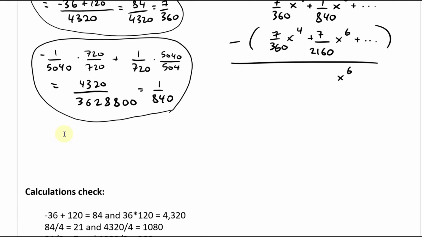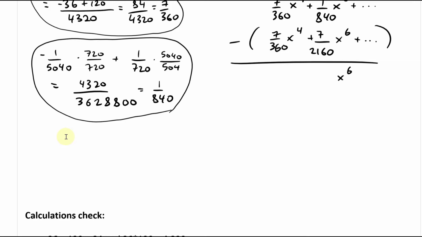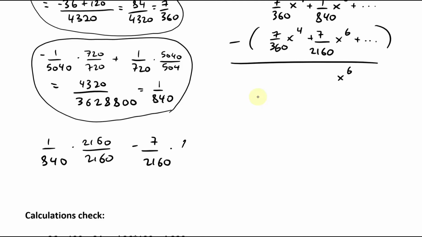We have 1 over 840, minus 7 over 2160, so multiply top and bottom: 2160 over 2160, and then minus 7 over 2160 times 840 over 840 to get the same common denominator.